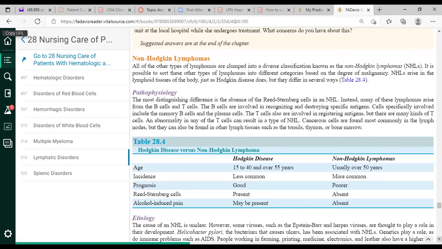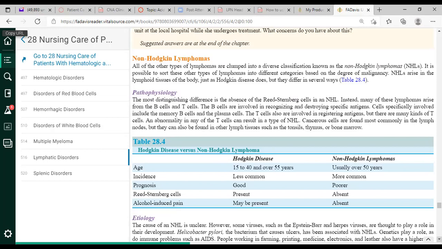And it's talking about non-Hodgkin lymphoma. With non-Hodgkin lymphoma, the individual prognosis is low. So it's high chances that the individual will actually expire. With non-Hodgkin lymphoma, the body produces too many abnormal lymphocytes. And you know, a lymphocyte is a component of the immune system.